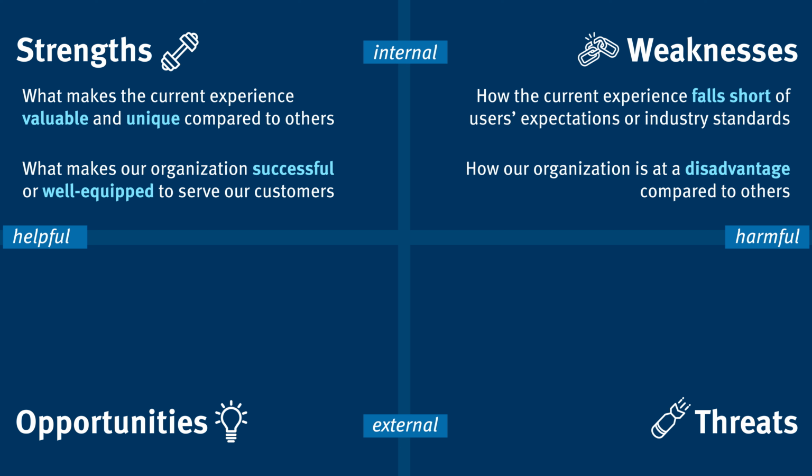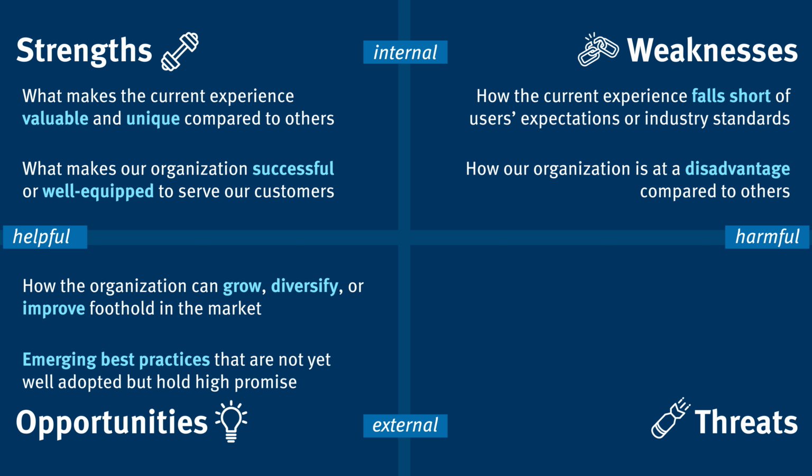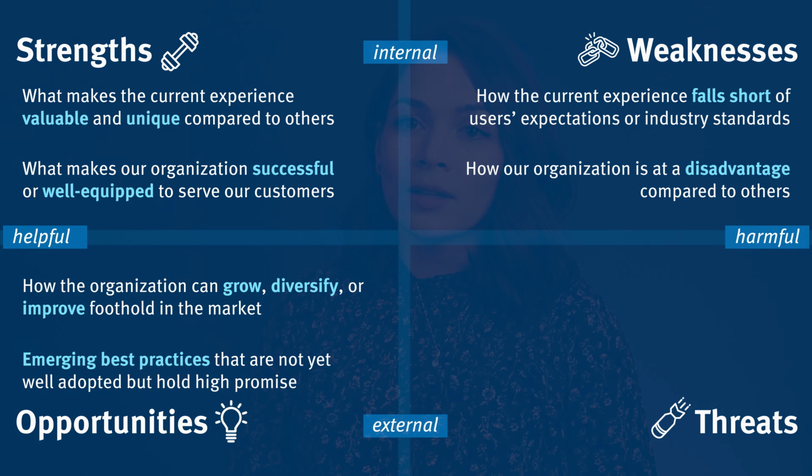Opportunities, on the other hand, relate to new ways that the organization can further grow, diversify, or improve its foothold in a market. These can be emerging trends, innovative strategies, and even just emerging best practices that are not well adopted yet. All of these factors are external, meaning currently not part of the organizational standard or way of operating.